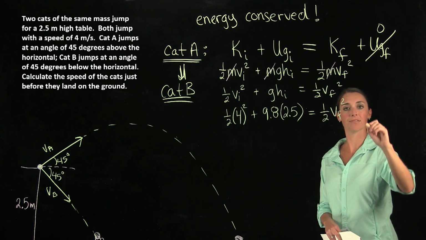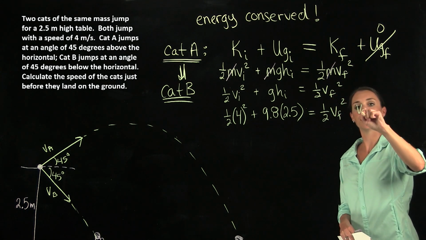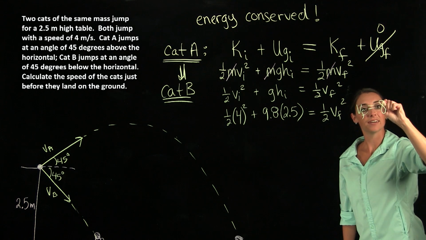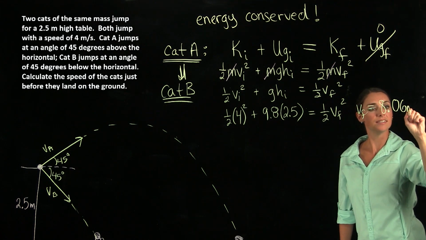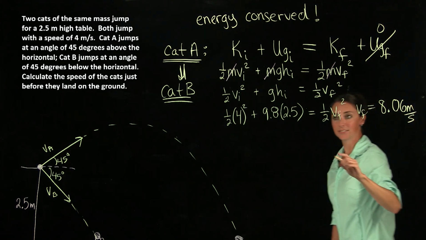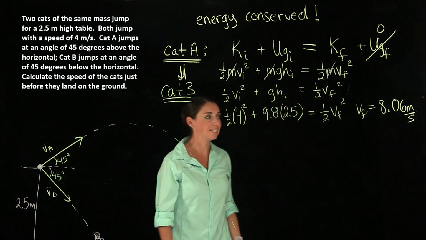And we can try to figure out what the velocity is from here. So we've got vf equals 8.06 meters per second if you put all of this into your calculator.